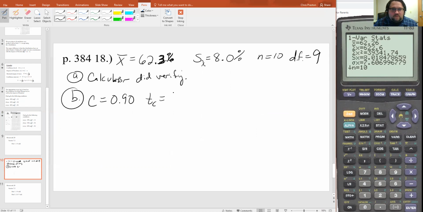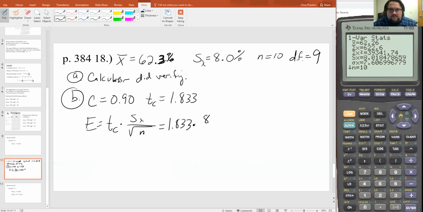So t sub c equals 1.833. Now I'm going to find my error margin. Remember, that is t sub c times the sample standard deviation over the square root of the sample size. So I'm going to take 1.833 times 8.0, divided by the square root of 10.